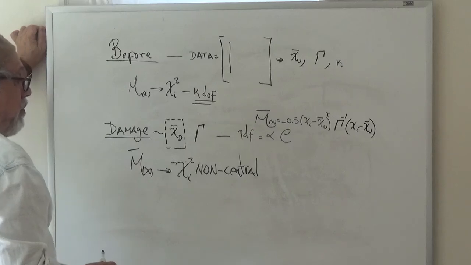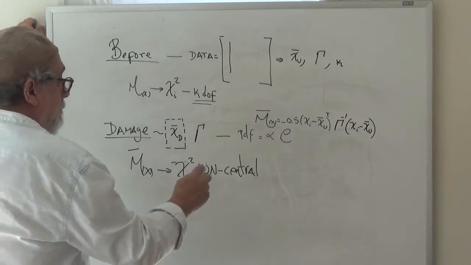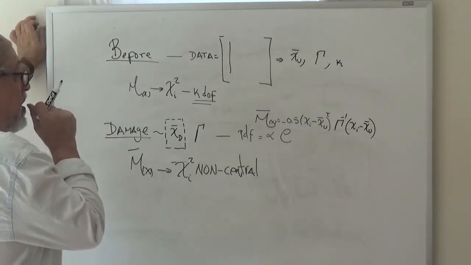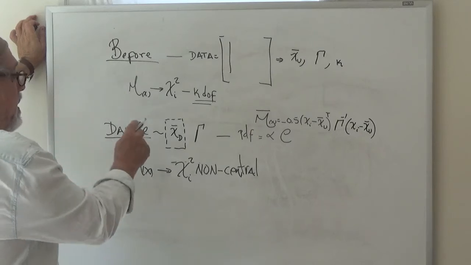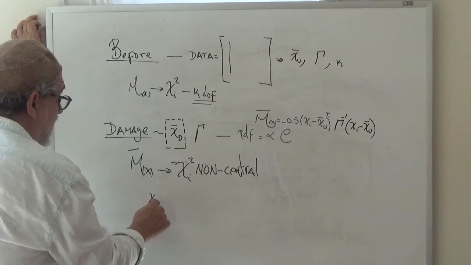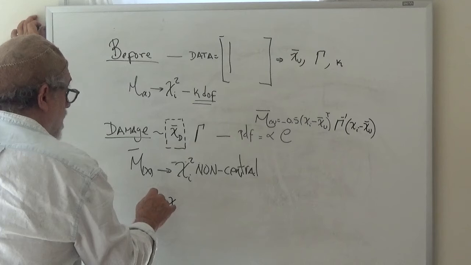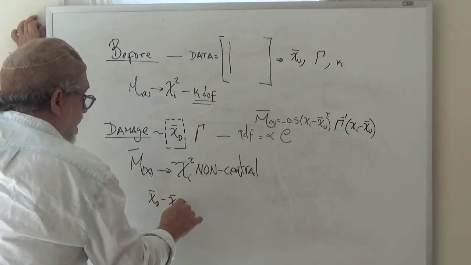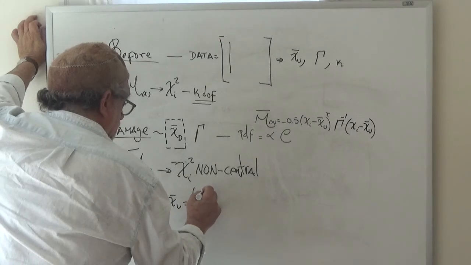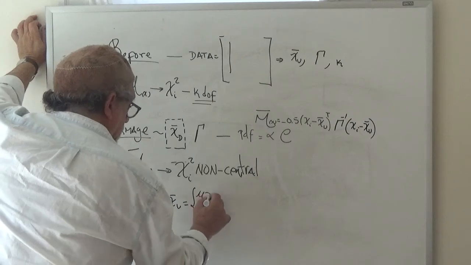So let's see. How do I say? Let's say that this is the mean x damage minus the mean x undamaged. That would give me three numbers, right? Let's call it U1, U2, and U3.